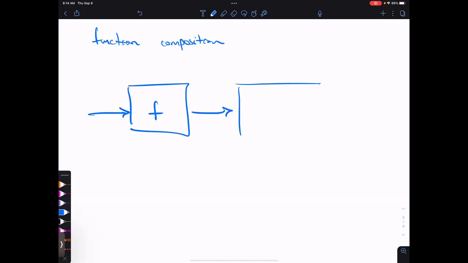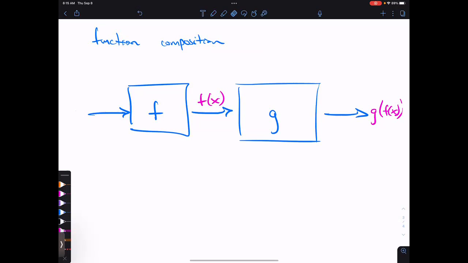Composition is like doing one after another. So you put some X value in to begin with. What F does is return F of X, whatever that function value is. That's what you feed into G. And then the thing that comes out at the very end would be this composed value G of F of X.